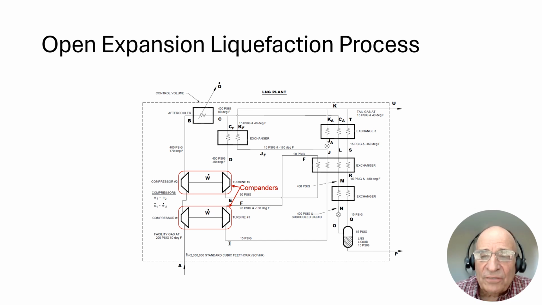Let us look at the feed gas process. The feed gas started here, got cooled down further. Now this exchanger is an interesting one because we have no part of the expander outlet going through it. What this exchanger is doing is it's taking the flash gas. Remember, we're going across a JT valve and we are producing flash gas, which is very cold.